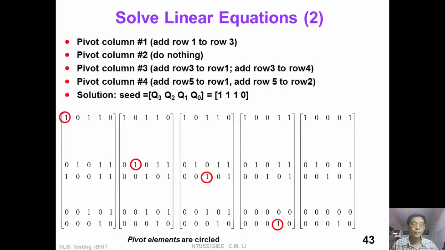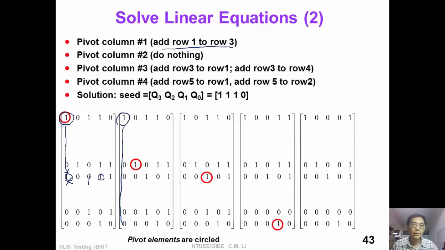Starting from the first row, suppose the first element is the pivot element. We want to eliminate this extra 1, so we add row 1 to row 3. In this way, we make this element become 0, and this would be 1, this would be 0. By doing so, this one becomes the only one in column 1.